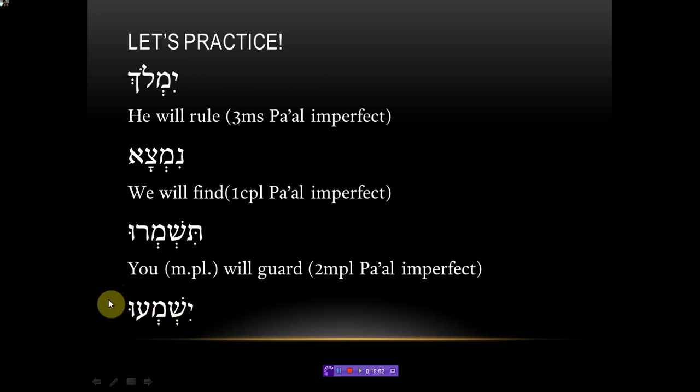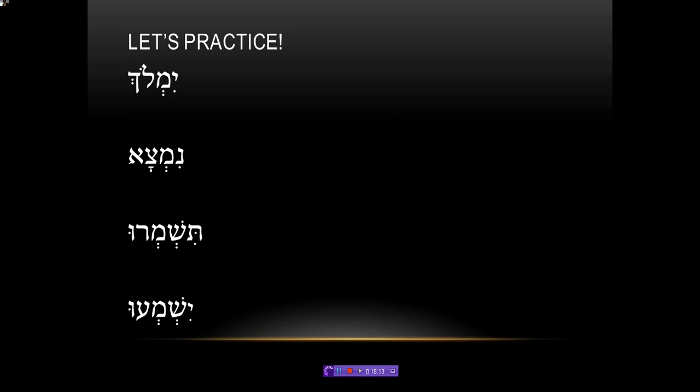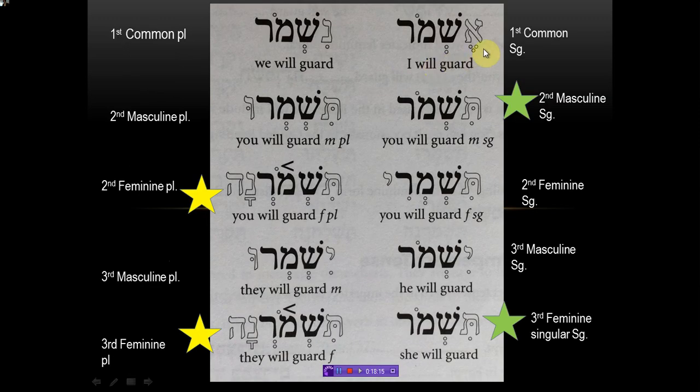The vav with the dot in the middle of it, which makes the oo sound. Let's look back at our chart. What has a yod and the oo sound, the shurek, at the end of the verbal form? Let's start from the beginning. Can't be this one, it has an aleph. Can't be second masculine singular, that has a tav. Can't be second feminine singular, that has a tav and a yod.